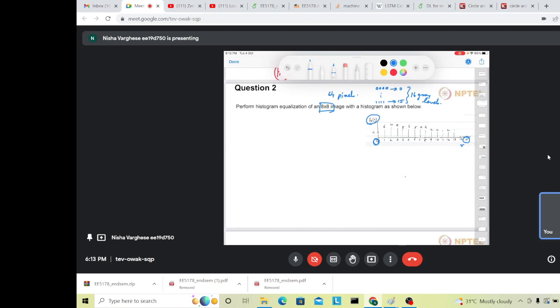In an image of 64 pixels, 4 pixels will have 0 color, that is black color, and 6 pixels will have the gray value 1. Up to there, there are no white pixels because the count for pixel value 15 is 0. So that is meant by this histogram.